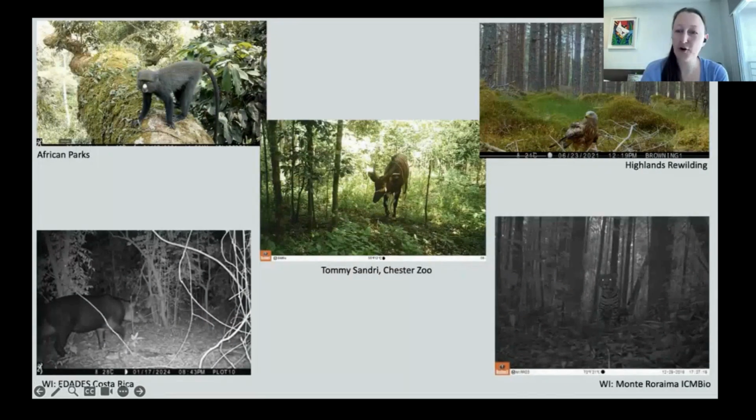Some species that aren't as vocal might be better suited to be captured on camera traps, which are good for small to large mammals or ground-dwelling birds. You can obviously put camera traps arboreally in trees as well, like this one up here that's showing this putty-nosed monkey.